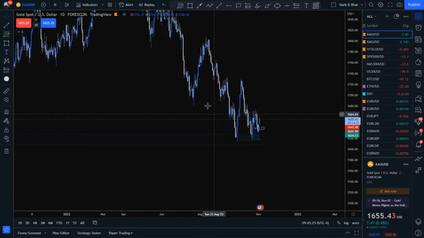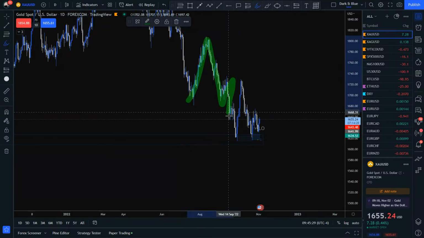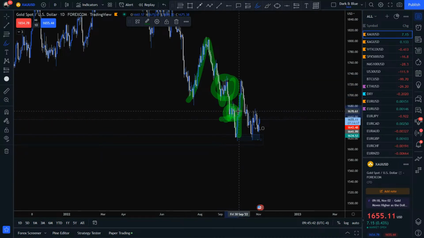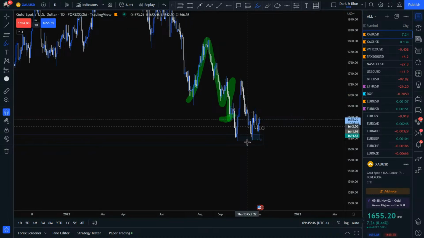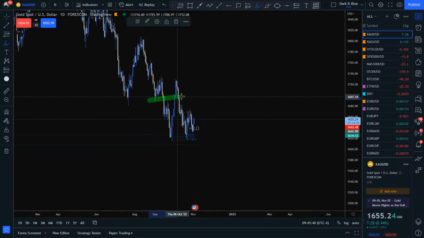That's what I'm trying to say. You see the reactions here, right? This one reacted to the zone I just deleted, right? Comes down, takes it out, and then price comes up, not to the decisional, but to this supply, right?